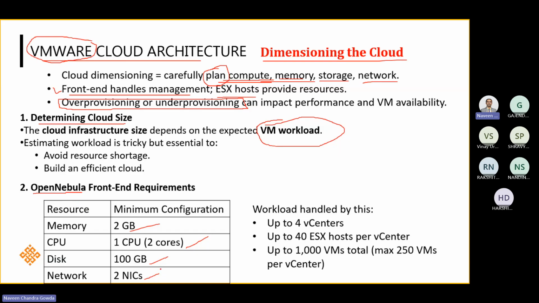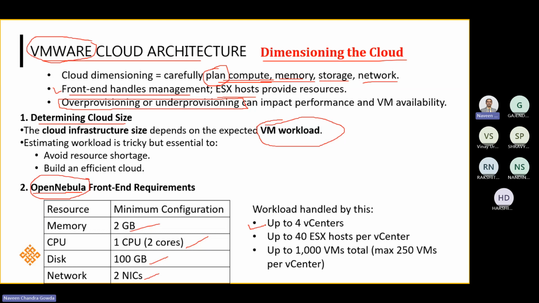Whenever you set up OpenNebula as a front end in the VMware cloud with this minimal configuration, what workload can it take up? It can take up to 4 vCenters.